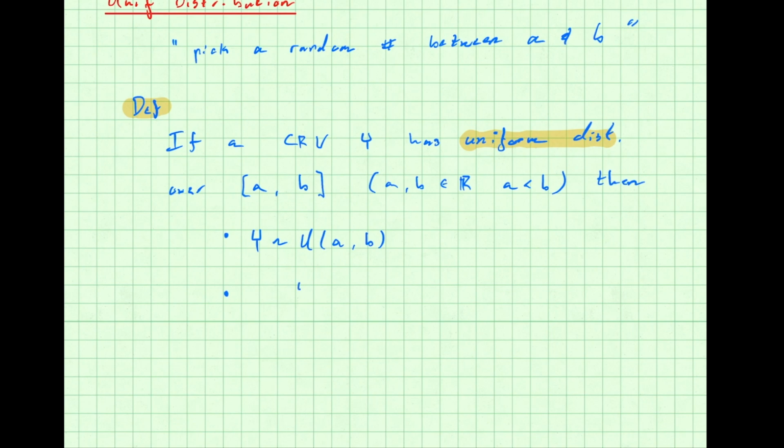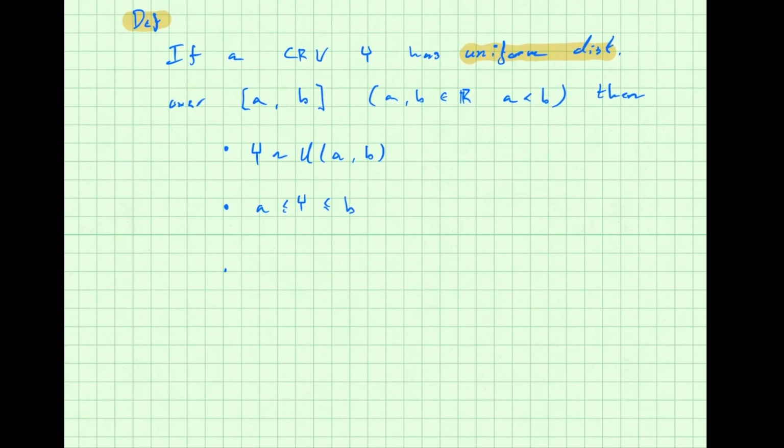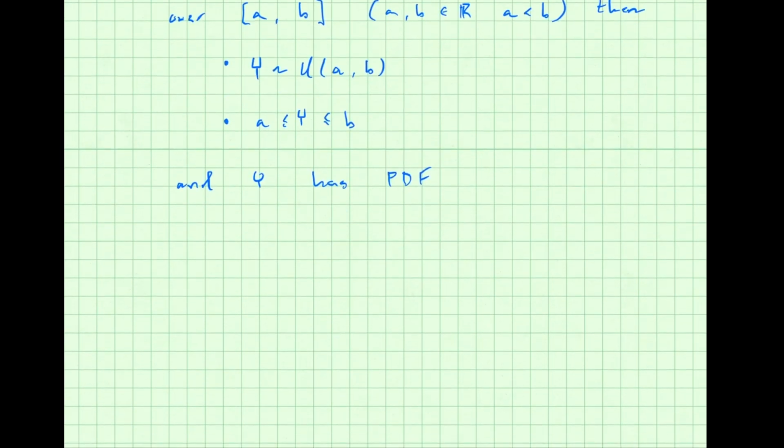And also, Y is restricted somewhere between A and B. Right? And lastly, most importantly, Y has PDF, probability density function. I start mixing those up all the time now. That looks like this.